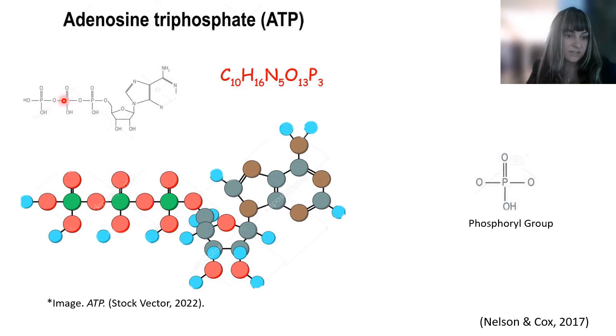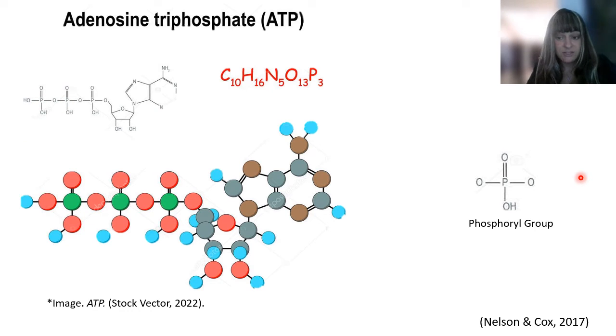If you're looking at that, you can see the phosphorus in the center and the oxygen on top. ATP gets its name from these 3 phosphoryl groups. The group closest to the ribose sugar is the alpha group. The second one is the beta group, and this last one is known as the gamma group.